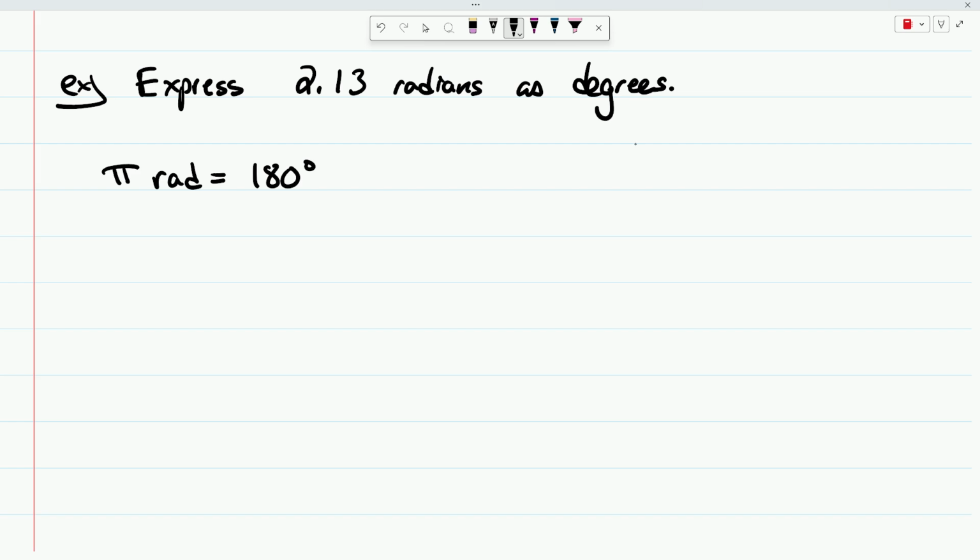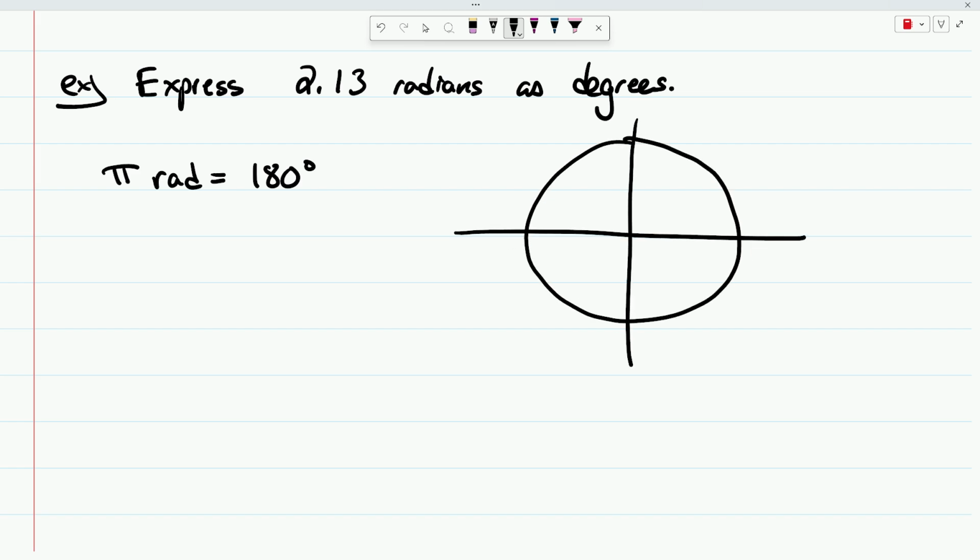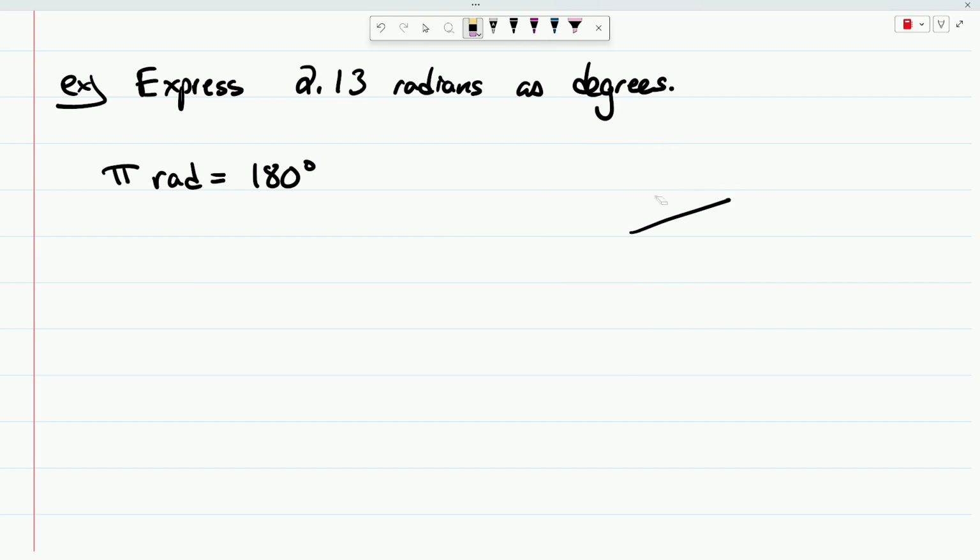In fact, we're going to be looking at this thing called a unit circle that looks kind of like this. And we're going to get all these different measurements right here. And in this first quadrant, if we know what the first 4 of them are, then we know what all of them are. We just got to kind of use this quadrant here as our guide, okay? But pi radians equals 180 degrees.